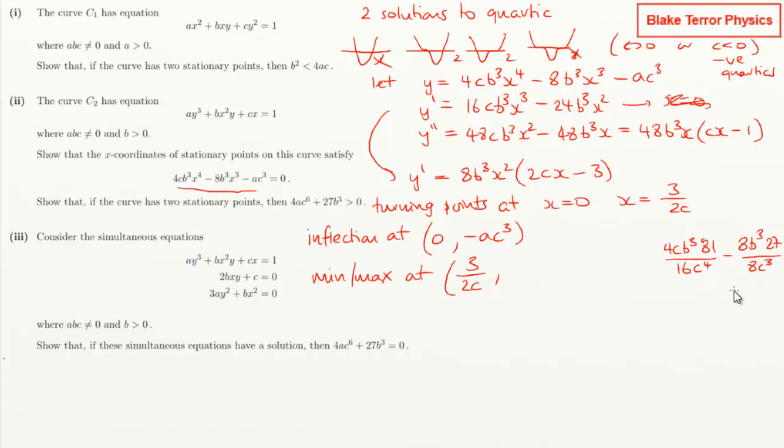Okay, right, so at least I've got something cancelling there. And then I've got minus ac cubed. So let's do some cancelling in some blue. Get rid of that, get rid of that, get rid of that, make that a 3, get rid of that, make that a 4. So I've got b cubed over c cubed, 81 over 4. So if I change to 27 over 4, that would be 108. So I've got minus 27 over 4. Okay. So minus 27 over 4 b cubed over c cubed minus ac cubed.